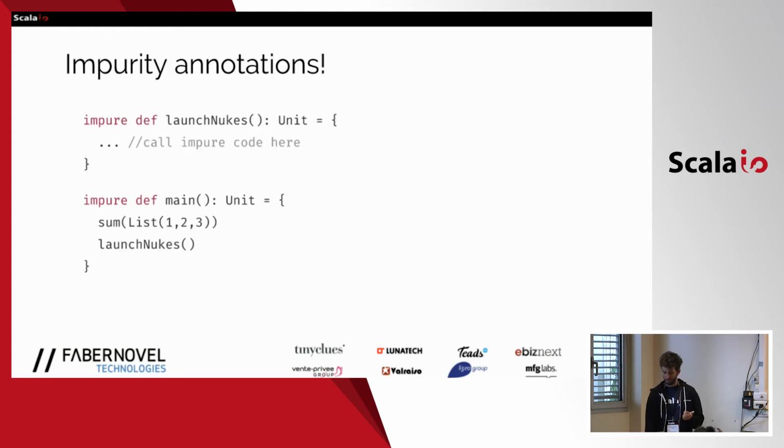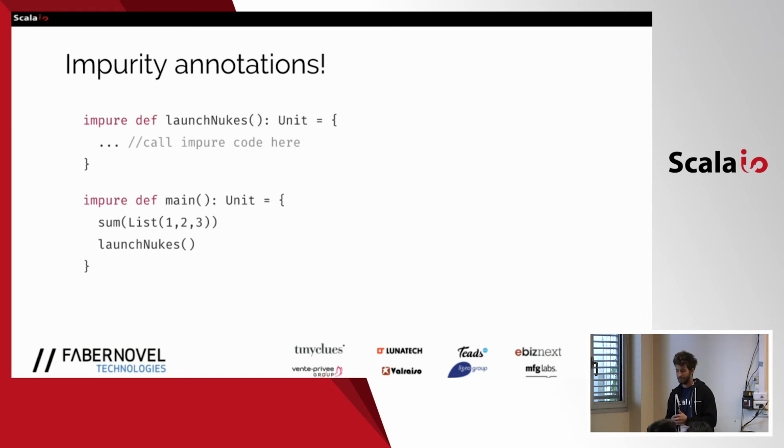But what do we do in things like Scala? Maybe in Scala it might be better for us if we didn't have purity annotations but impurity annotations, because we want most of our code to be pure, and the code that is not pure we want to annotate that way.